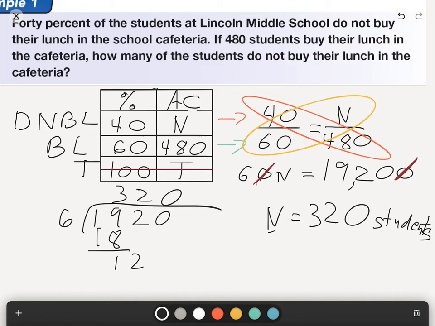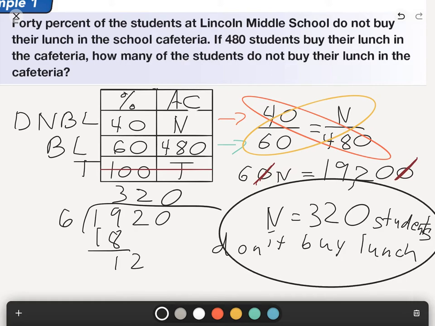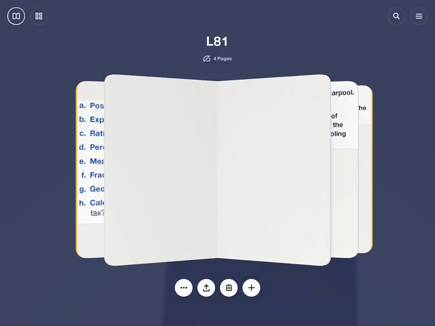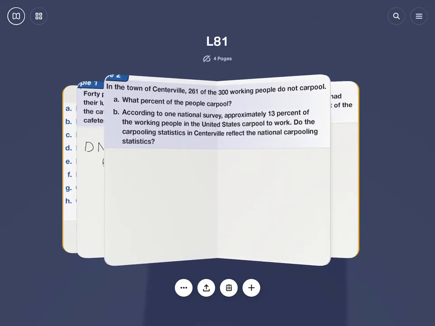A really good answer would be 320 students don't buy lunch. That's your best answer. That's your passable answer. 320 students don't buy lunch at Lincoln Middle School. Oh, sure. Want to add more information? No problem. That's great. All right. We get extra credit for better answers. Nah. Nice try, though.